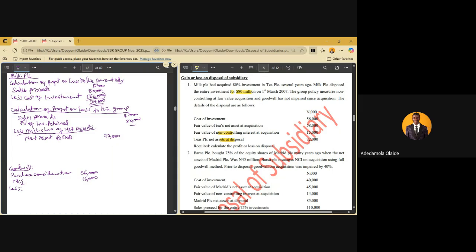So we say less share value of net assets. And that's how much? Fair value of net asset at acquisition is 58,000. So that means goodwill at acquisition is how much?